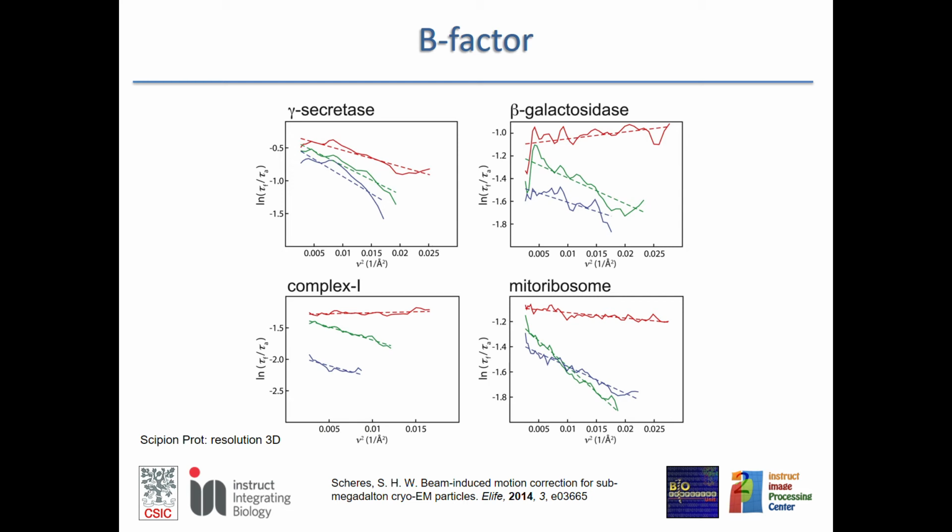Something else that we can look at to make sure that we have a correct structure is the B factor. The B factor is how the coefficients decay in the Fourier space. And this is again a radial average, but it already gives you an idea that correct structures should decay in the Fourier space. This is a property of natural objects.